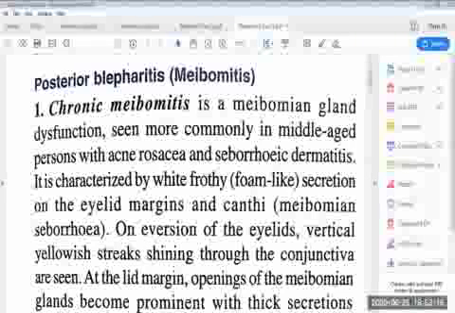The patients suffering from acne rosacea and seborrheic dermatitis have a predisposition to meibomian gland dysfunction, and it is characterized by white frothy or foam-like secretion on the eyelid margins and canthi, meibomian seborrhea, and on eversion of the eyelids, vertical yellowish streaks shining through the conjunctiva are seen. At the lid margin, openings of the meibomian glands become prominent with thick secretions. This is a chronic infection of the meibomian gland.